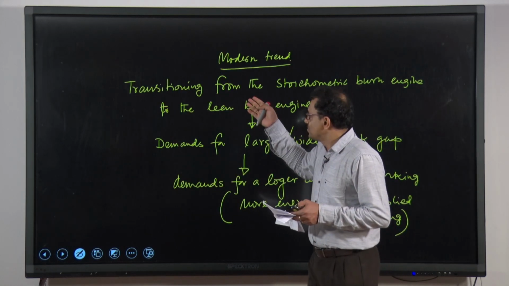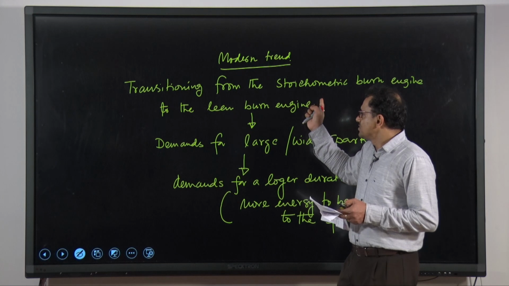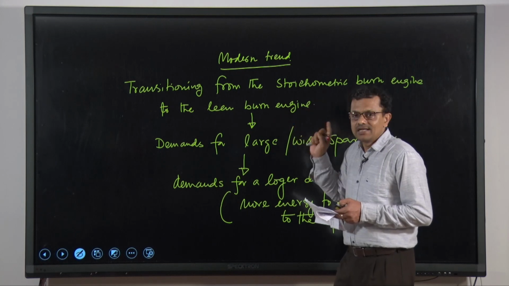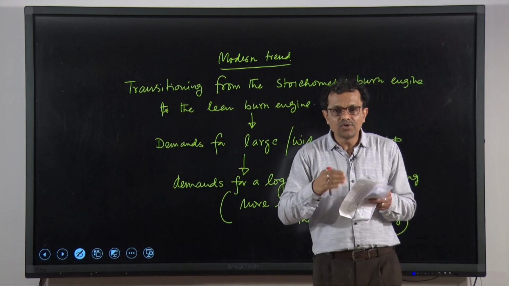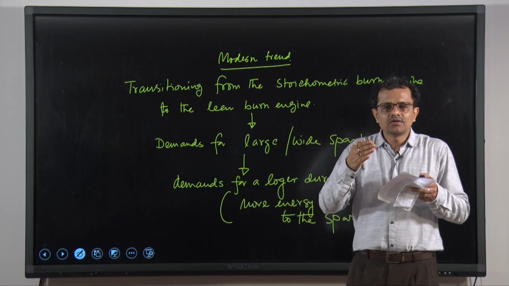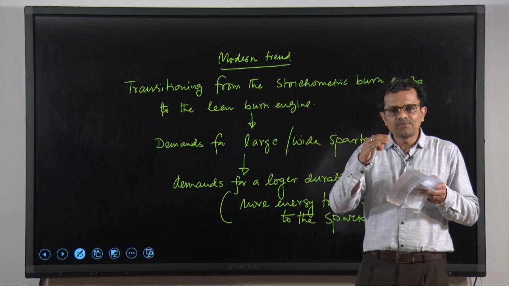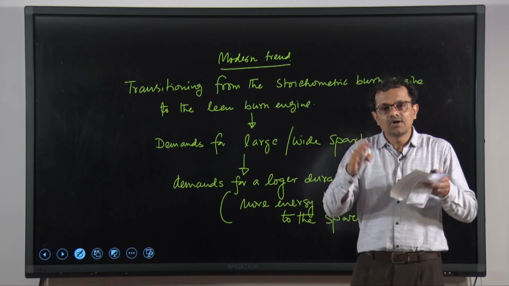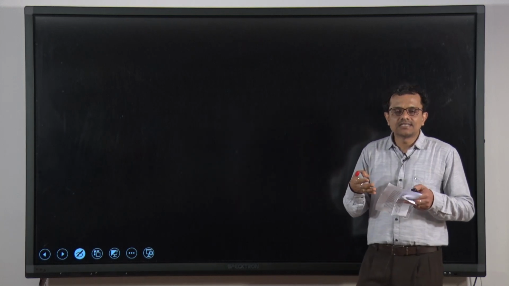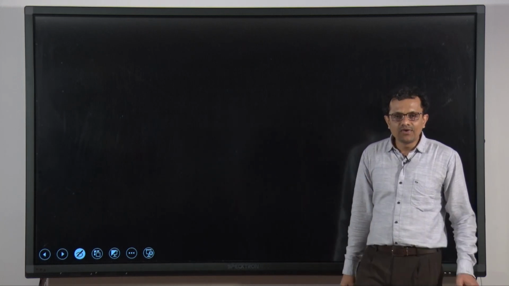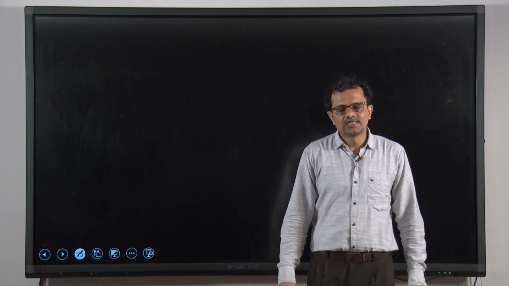If we shift, which is the modern trend, from stoichiometric burn engine to the lean burn engine, you can understand to burn that lean mixture we need to supply more energy. So, the spark plug will be having a wider gap. To break the resistance of the wider gap, we need to supply more energy for a longer duration. All these challenging aspects cannot be fulfilled using a battery ignition coil.